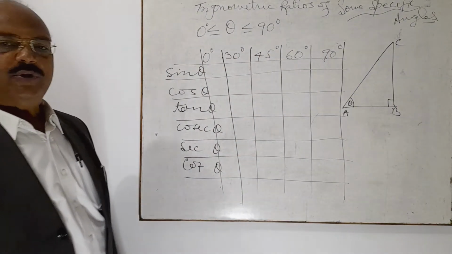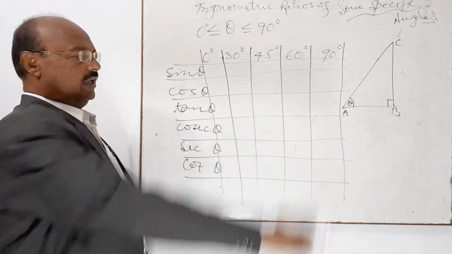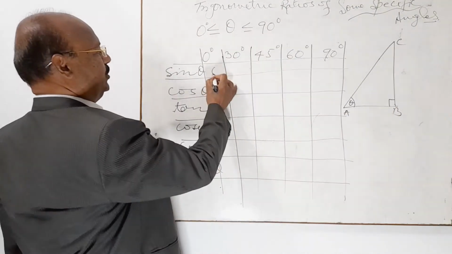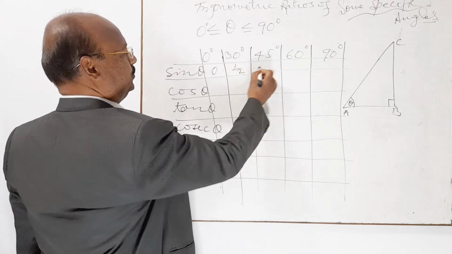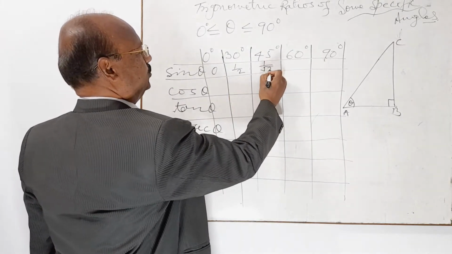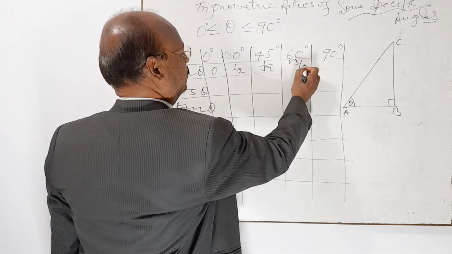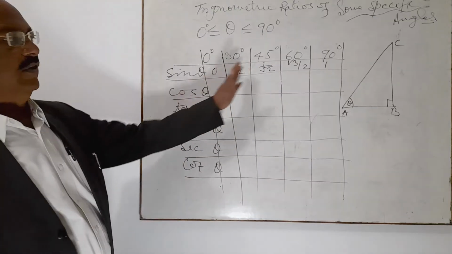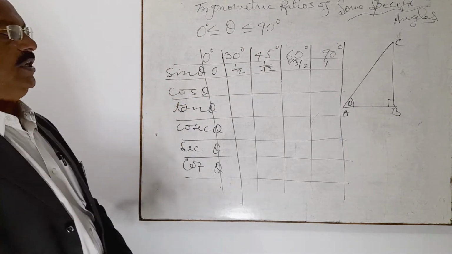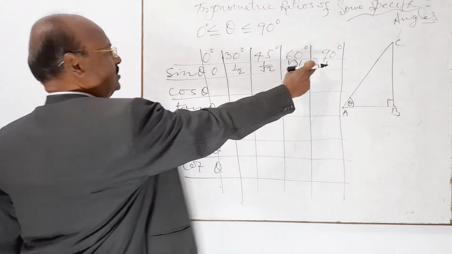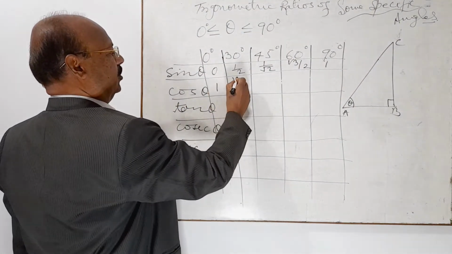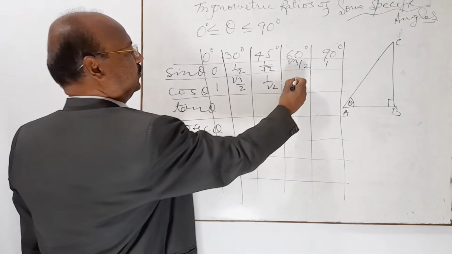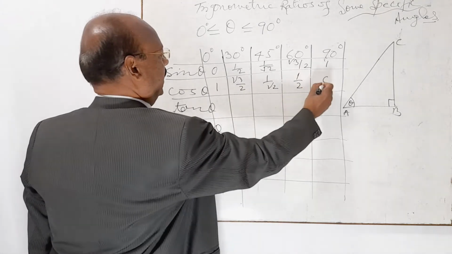You just have to remember one line only, then you can get the other values also. So this is 0, this is 1 by 2, this is 1 by root 2, this is root 3 by 2 and this is 1. You have to remember this line only. And for cos theta, you start writing from this side: 1, root 3 by 2, 1 by root 2, half and 0.